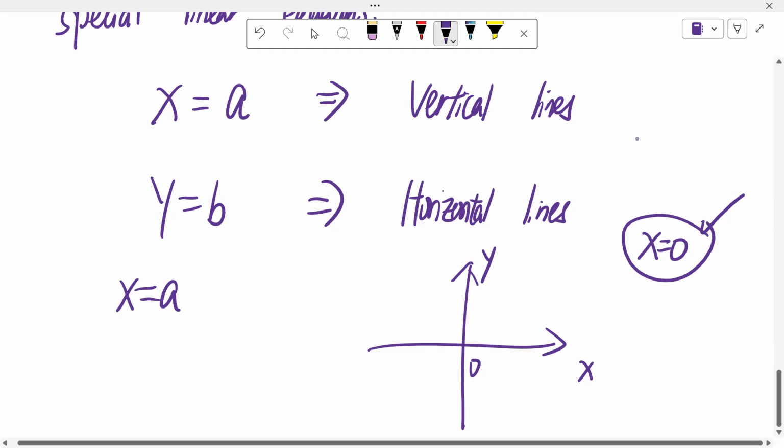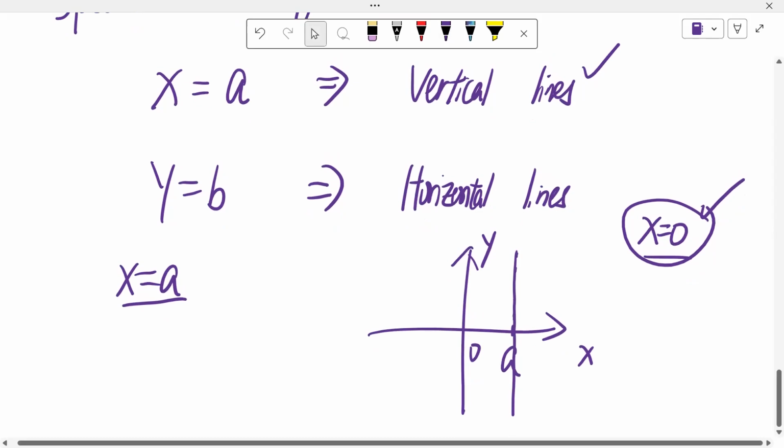And for x equals a, let's say a is right here, because they have the same structure, that means it's parallel to the y-axis. So the line will look like this, and that's why these are all vertical lines.